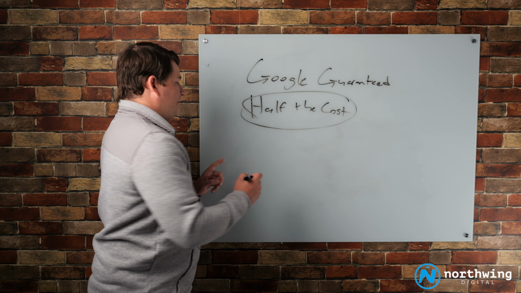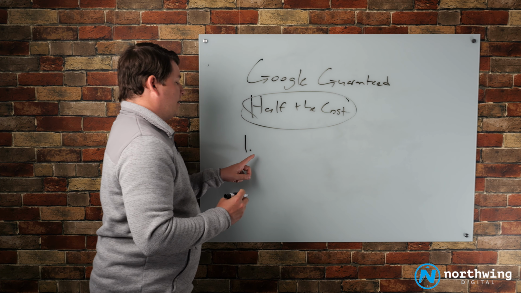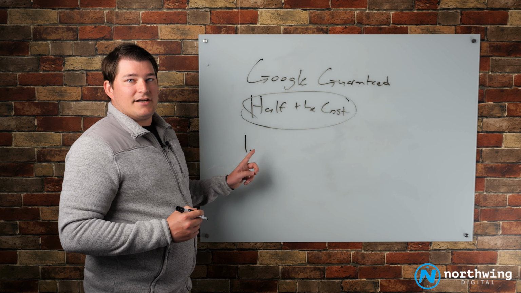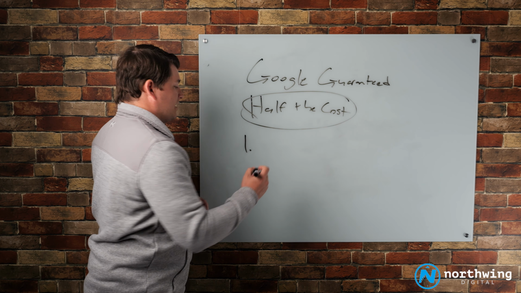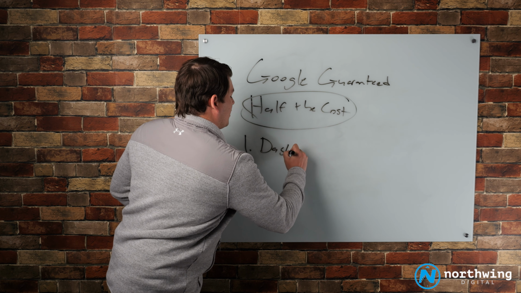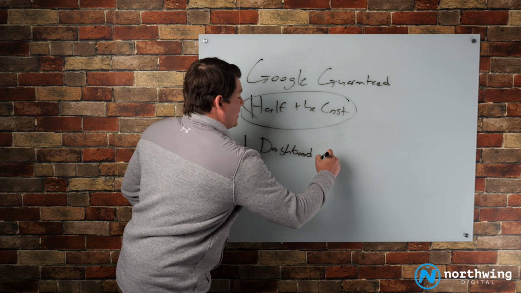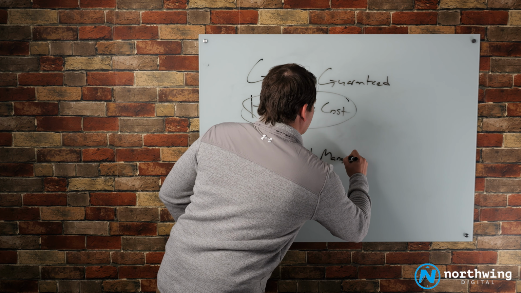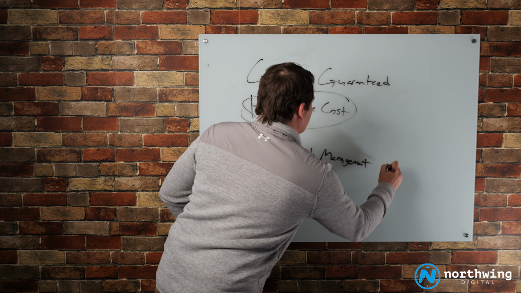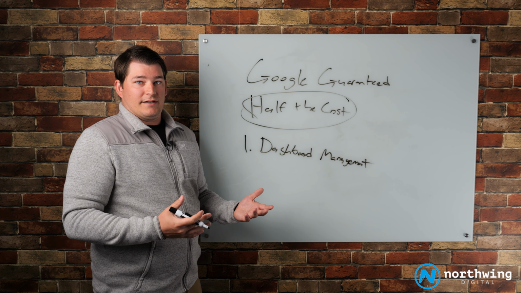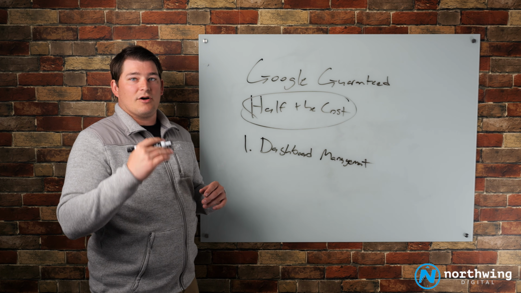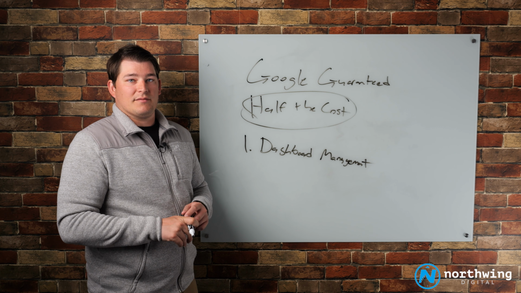The first way, and the most important, is properly managing your inbound leads in your Google Local Service Ads dashboard. So what we'll call this is dashboard management. It is extremely important if you're generating leads through Google Guaranteed to diligently go through and mark those leads as booked and completed.